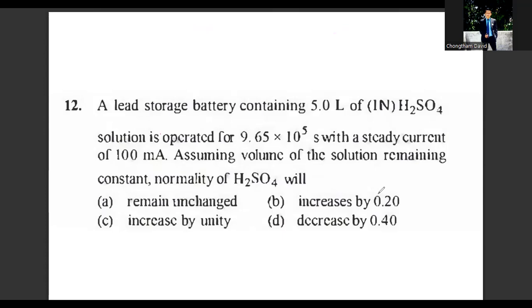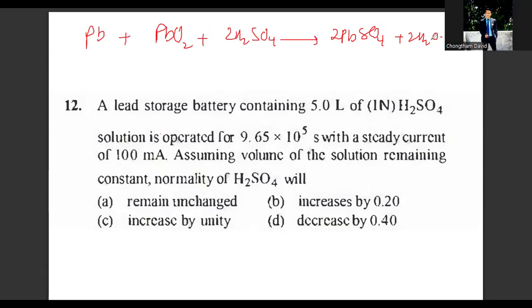What we have to consider here is the number of electrons involved. In your theory part, you have already learned the overall reaction. I need not write the individual reactions, where lead and lead oxide in sulfuric acid react in such a way to give this overall reaction. This is the charging reaction.